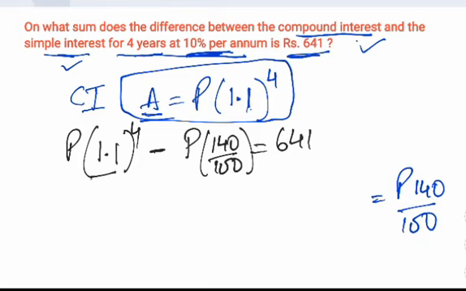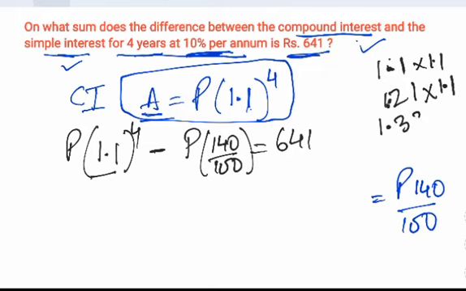And this 1.1 raised to the power 4 becomes: 1.1 into 1.1 becomes 1.21, and 1.21 into 1.1 will become 1.331.